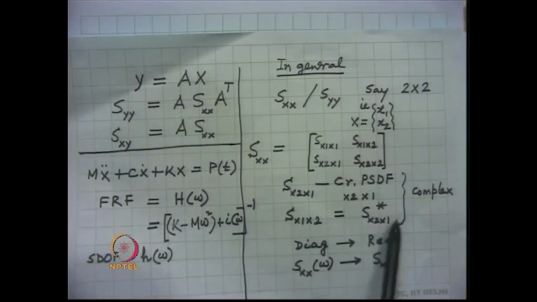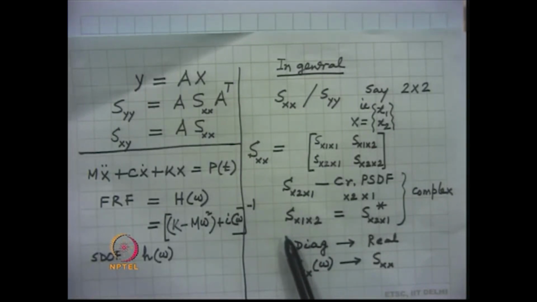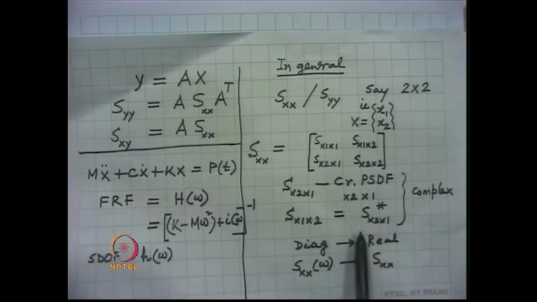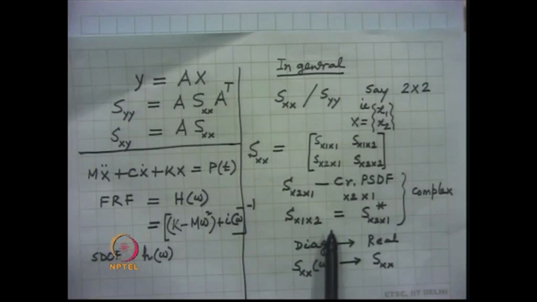And this relationship also was shown, that is, the cross power spectral density function between x1 and x2 is equal to the complex conjugate of the cross power spectral density function between x2 and x1.